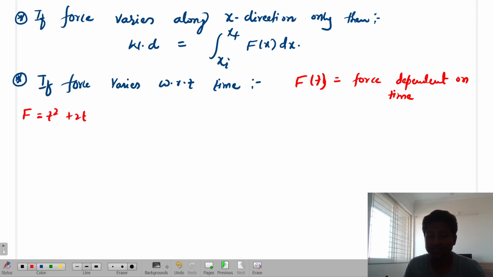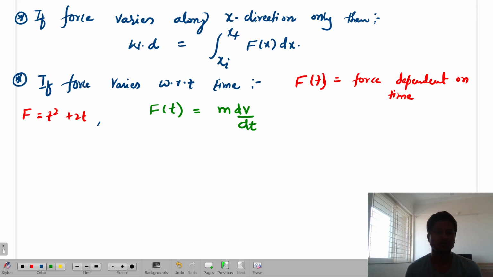Can we find it by differentiating? What is dF by dt? Nothing. So basically, how to proceed? Let us understand that. We know that if force is dependent upon time, then I can write it as mass into acceleration, which is dv by dt, or not.